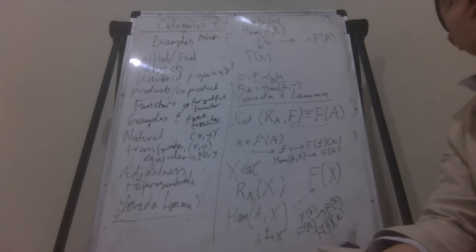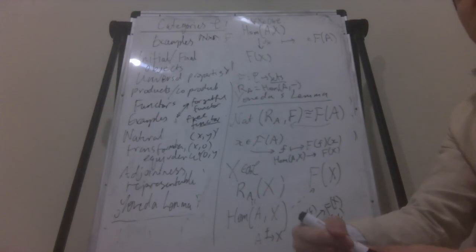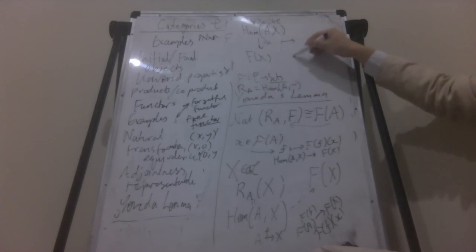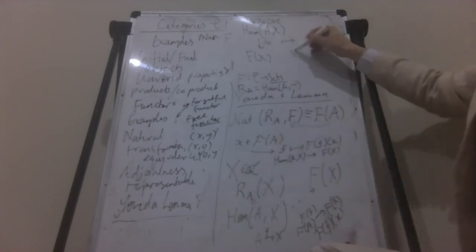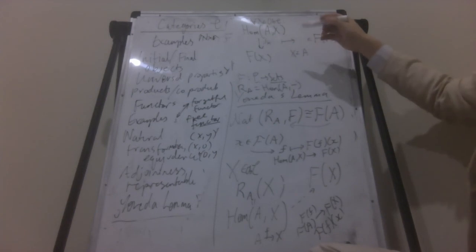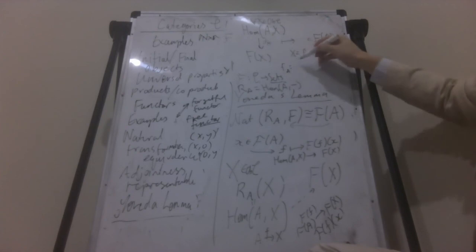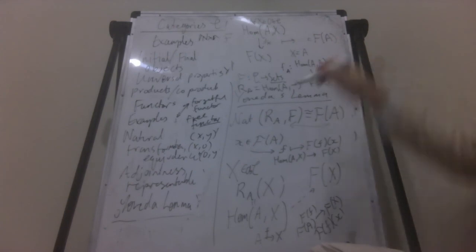Category C might not have any objects apart from A, right? So a natural thing is to let X equal A, okay? And then what you get is a map from hom A A to F of A, yeah?